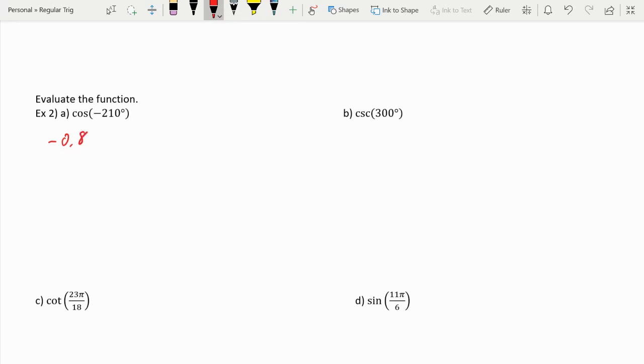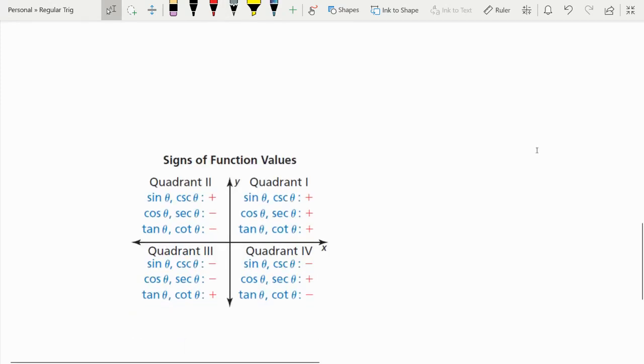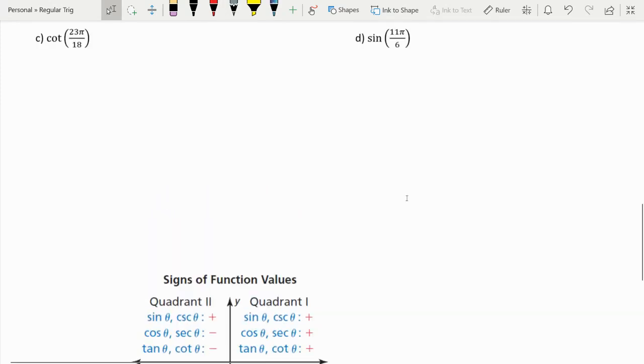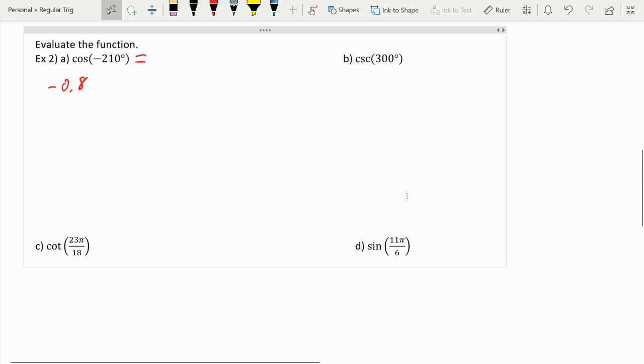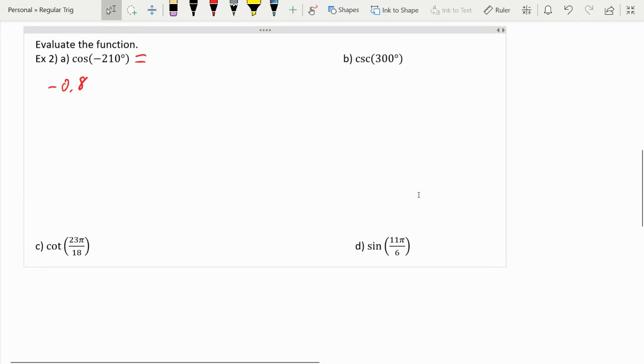The thing I wanted you guys to notice is the reason why we were doing the reference angle. Way back, when me and Fred Flintstone were in class together, we had to know this. So we were doing cosine of negative 210. Negative 210 is in which quadrant?